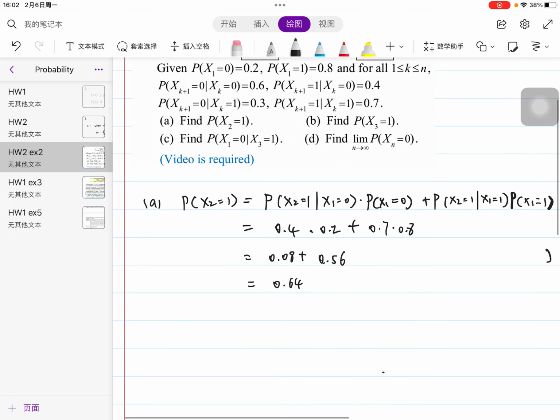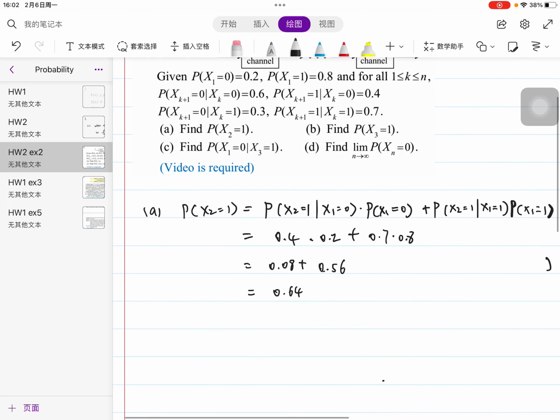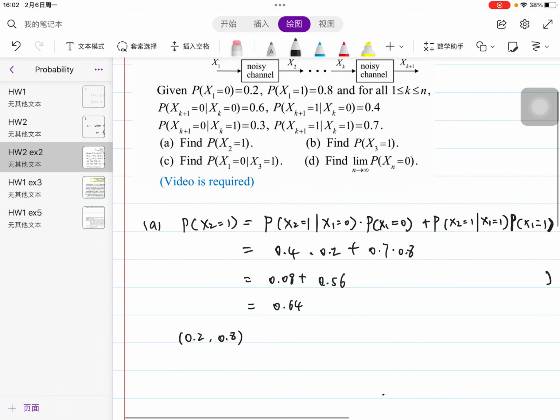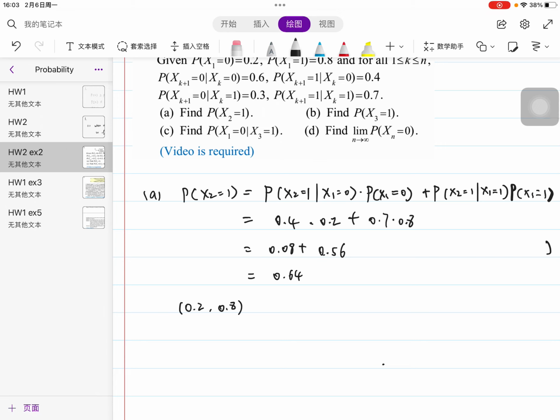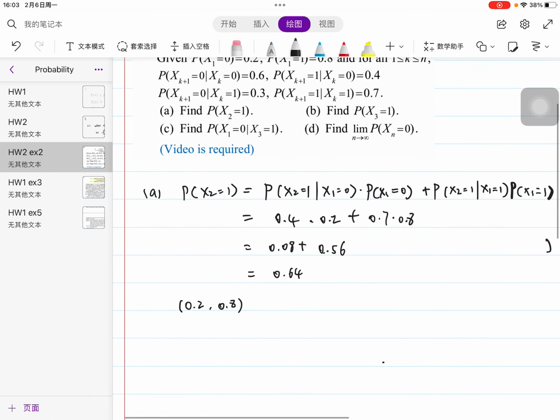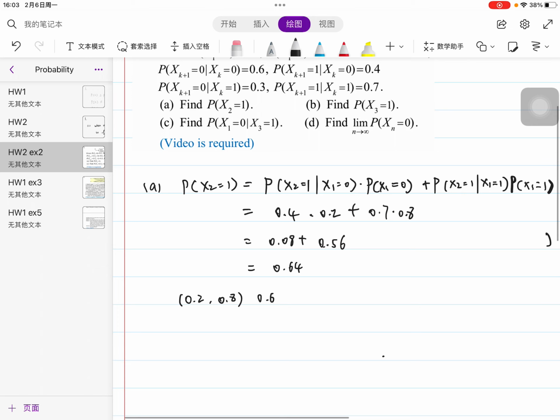And here we could also use the matrix to help us calculate this question. So we have our initial condition, that is 0.2 and 0.8, and it means our initial condition for x1. So if x1 equals 0, the probability of that is 0.2, and here that is 1's probability, and times the transfer matrix, that is 0.4, 0.3, 0.7.